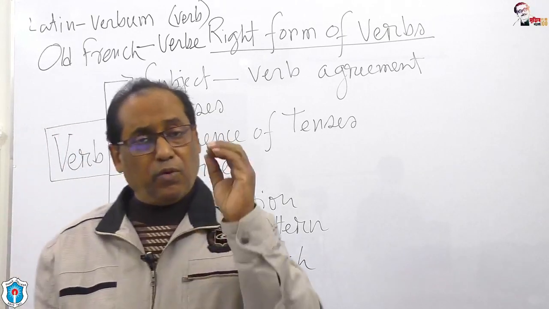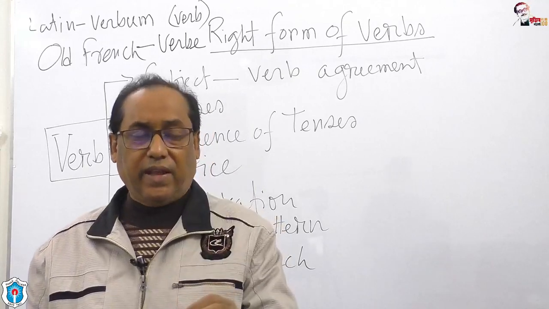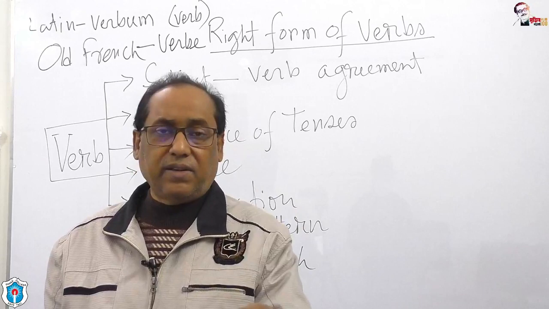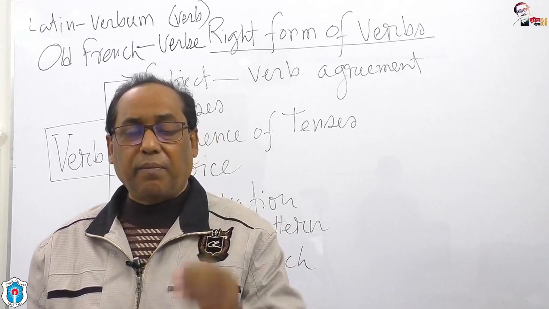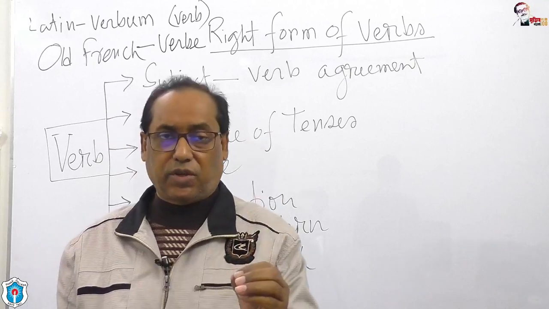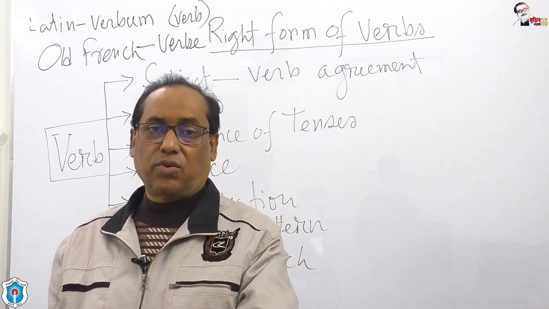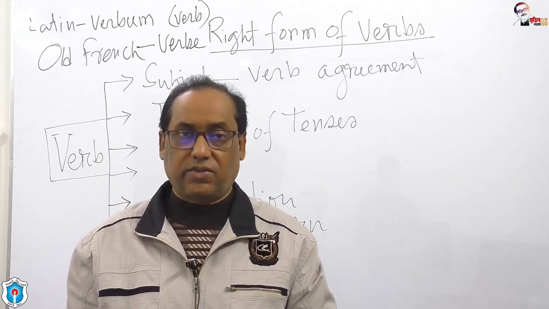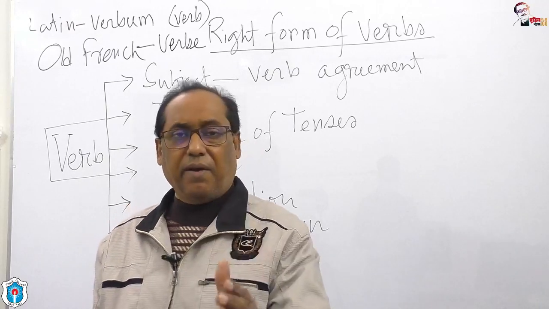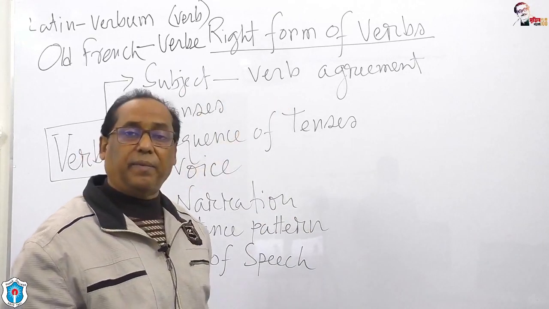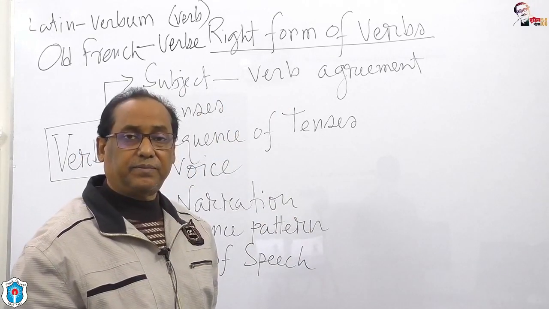So, if you know subject, it means that you must know person and number, because the person and number of a subject are related to the verb of that sentence. And in grammar, it is called subject-verb agreement. Okay?